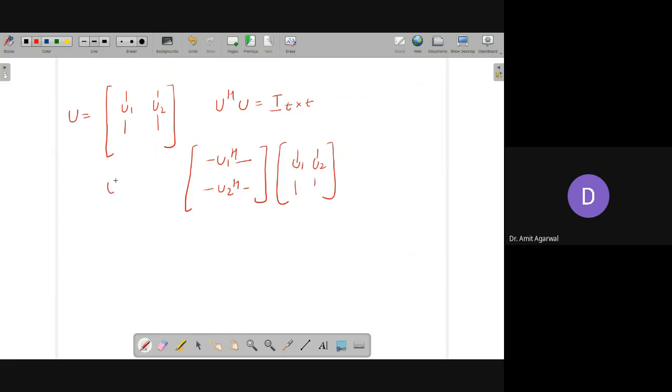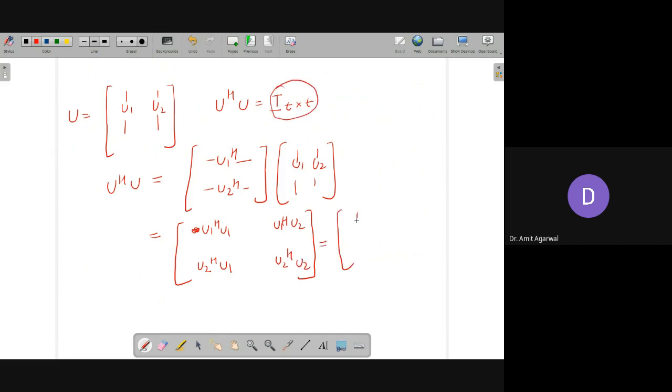Just multiply both of them. What you see, U Hermitian U: the first element will be this, second element will be this, third element will be this, and the fourth element will be this. And we say it is an identity matrix.